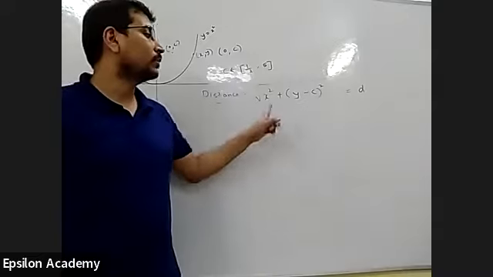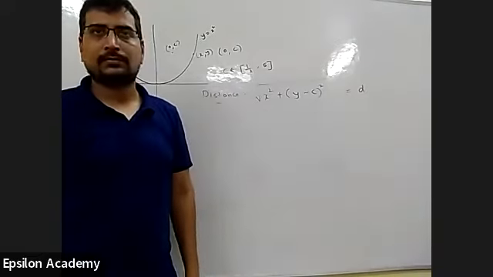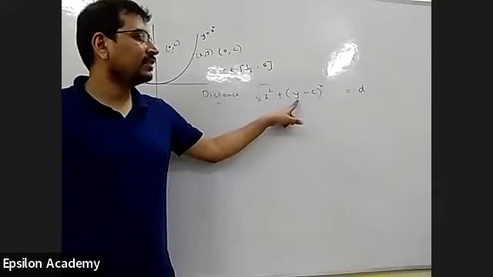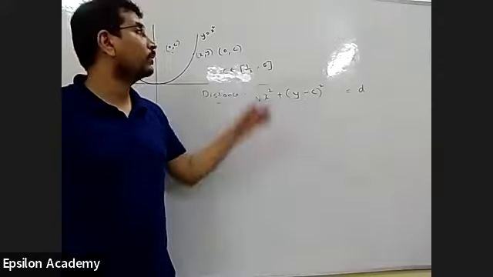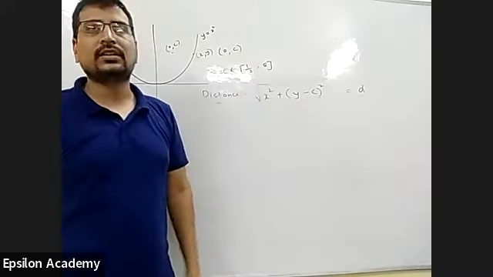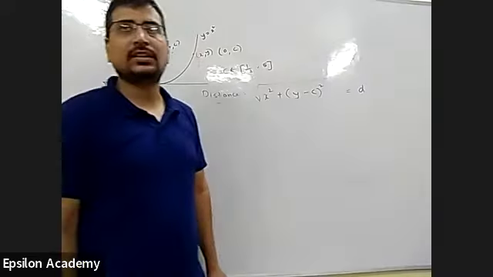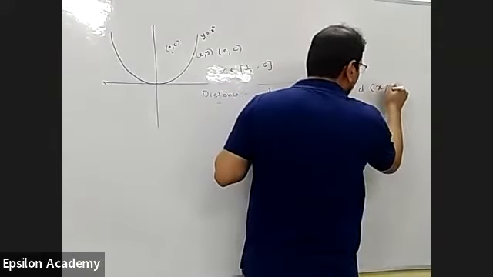You have this as a function of x and y. When that is the case, you need to convert it into a function of one variable. So what is better to convert? You have y is equal to x square. Can I take that x square and put it here and then convert it? Are you guys able to understand the steps? Right? So here d is a function of x comma y.